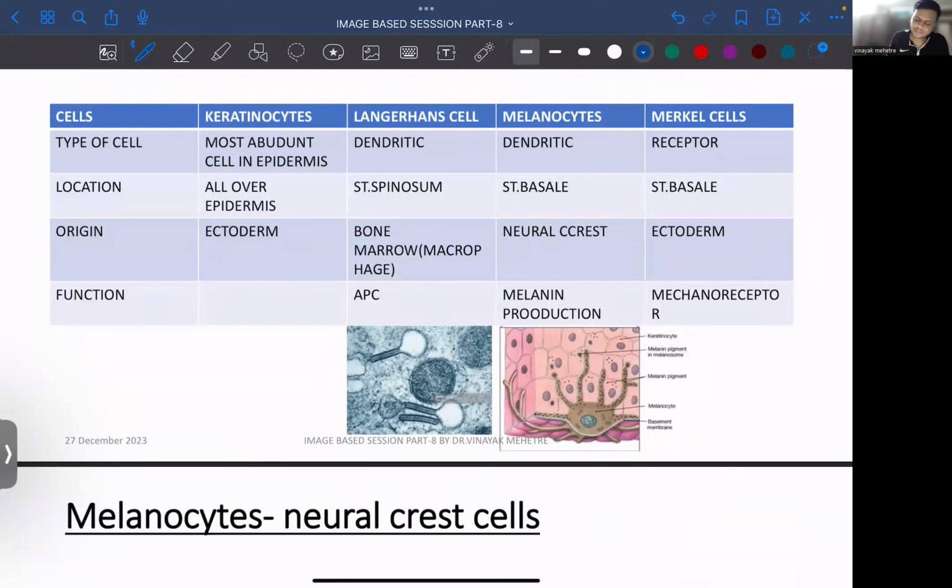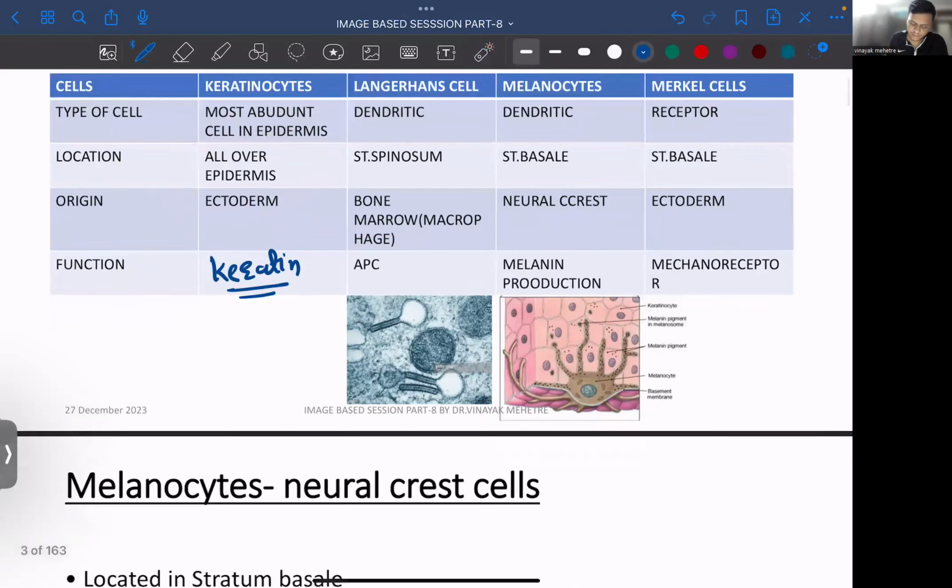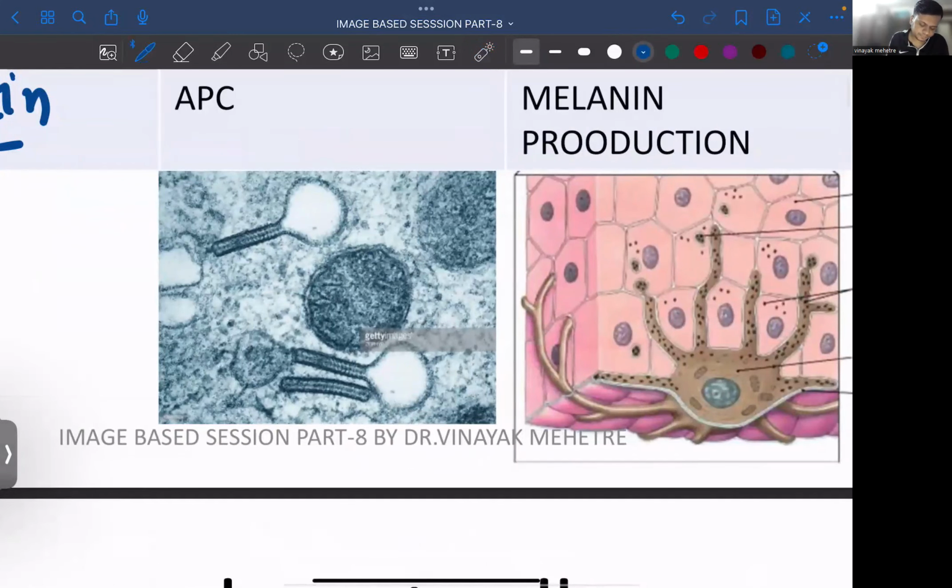Keratinocyte will produce keratin, and it is present, remember this, all over the epidermis. Then Langerhans cells are which shape?